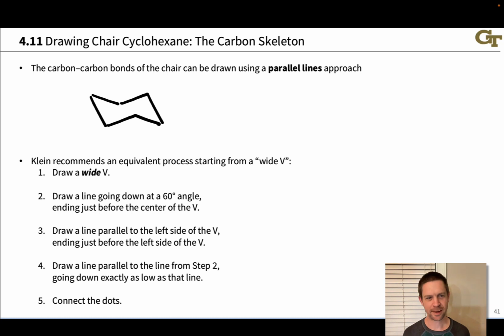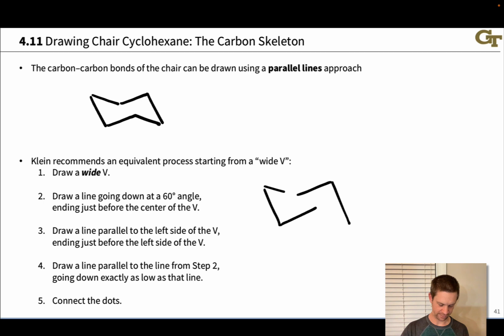The process Klein recommends is going to get us to the same result, just via a different sequence of steps. He recommends drawing the sort of wide V first, and then drawing the sort of parallel other side, drawing a line like so, and then finally connecting the dots.